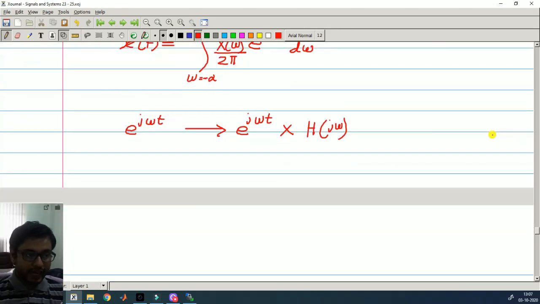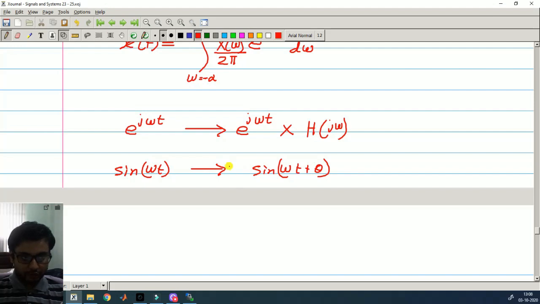Also, you recall that e to the power j omega t are not practical real life signals. These are complex signals. But we also learned that if you give sine omega t as the input, then we will get M times sine of omega t plus theta.